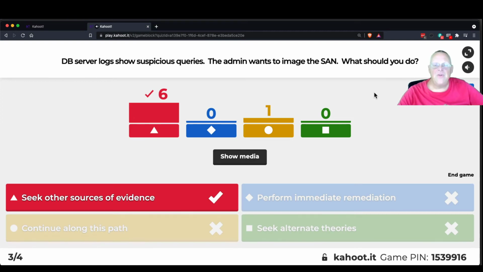Yeah, a storage area network is too big to image like that, so you're wasting your time going in the wrong direction. You have found some evidence that there's something wrong in the database server, but you need to find a more efficient way to get evidence from it, like running queries on it or finding other logs or something. Something less extreme than imaging the whole SAN.